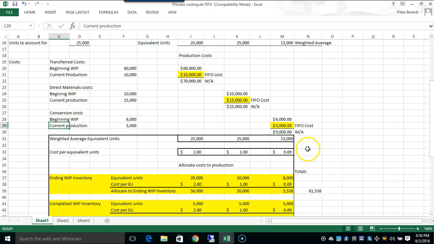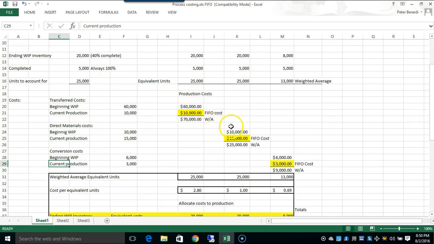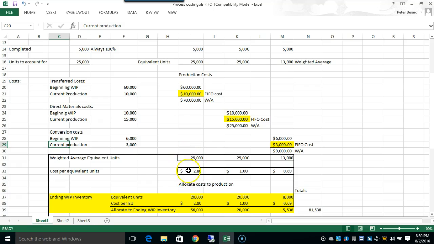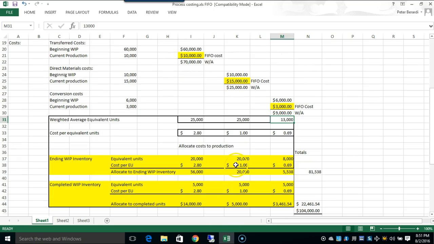I'm sorry, weighted average. Take your weighted average equivalent units and come up with a cost per equivalent unit. So it's the total under weighted average. So 70,000 divided by 25,000, 25,000 divided by 25,000, 9,000 divided by 13. You get a cost per equivalent unit.